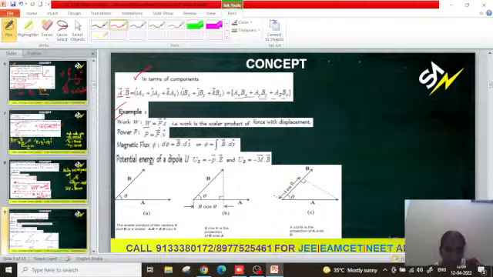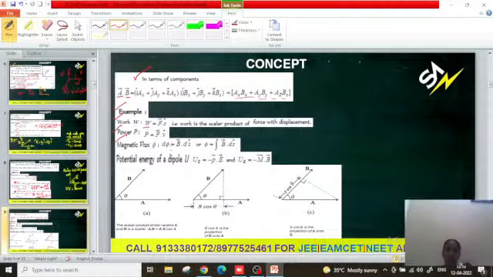The two vectors are force and displacement. Next, power, which is instantaneous power, is the dot product of force and velocity.